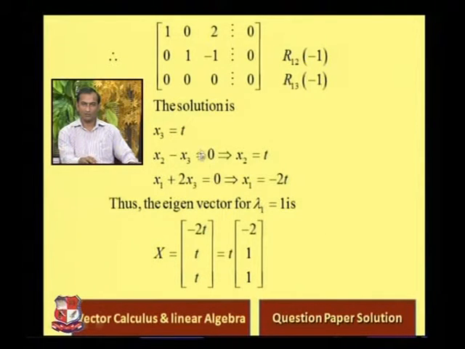Substitute x3 in this equation, we get x2 equal to t. Similarly using the first row, we get x1 equal to minus 2t. Thus the eigenvector for lambda 1 equal to 1 is x equal to, substituting all in the eigenvector, t common, so (minus 2, 1, 1) is our first eigenvector for lambda 1 equal to 1.